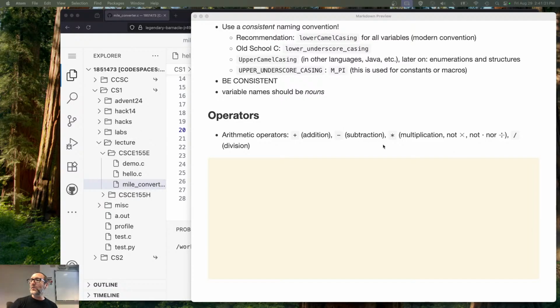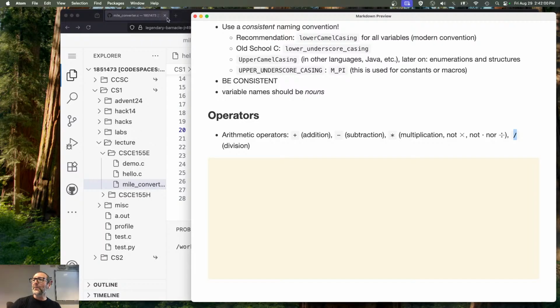So what we have to do is use something that looks kind of like it. And for multiplication, that's going to be the star or the asterisk. We can't use X because X is a character, and that would be used for a variable, not an operator, right? Likewise, we can't write A over B with a line through it, right? So the most appropriate thing that we can do is approximate that by writing A divided by B, okay?